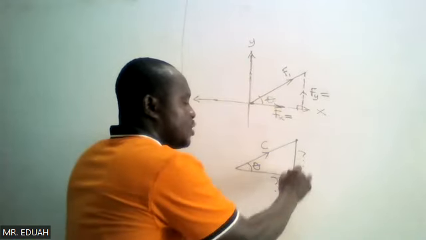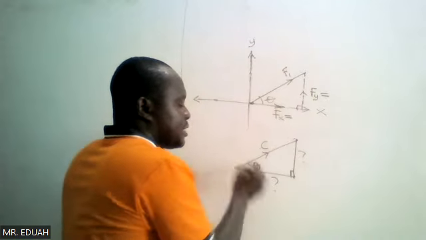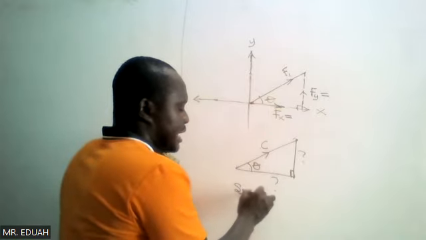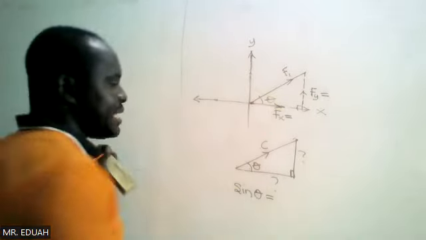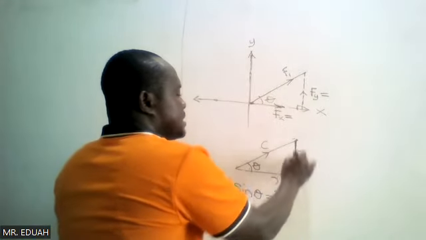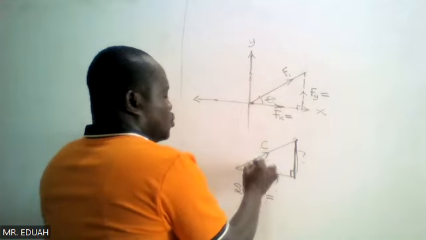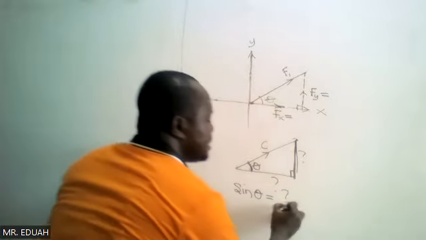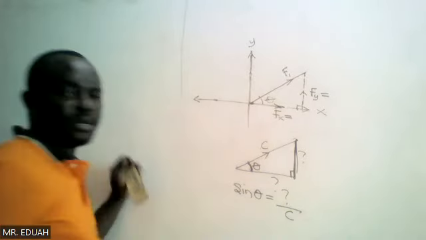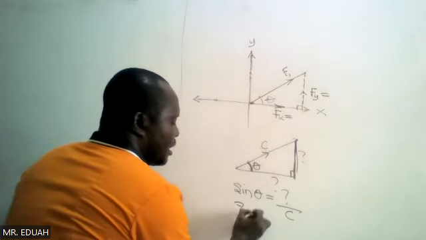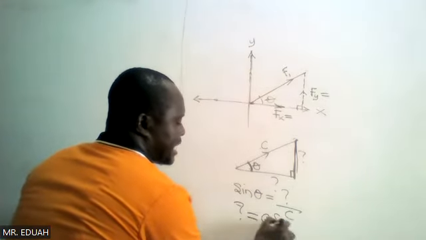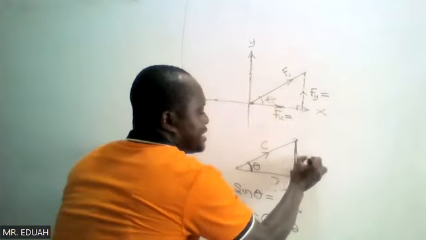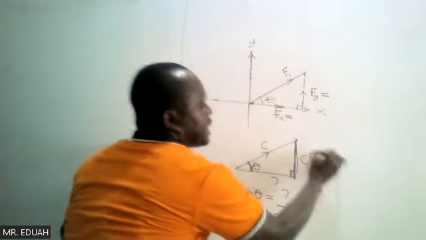To find the opposite, because I have the hypotenuse, the obvious trig ratio to use is sine of the angle theta. Sine is equal to the opposite, the side opposite this interior angle, divided by the hypotenuse C. Therefore, the opposite is C sine theta. So this component is C sine theta.